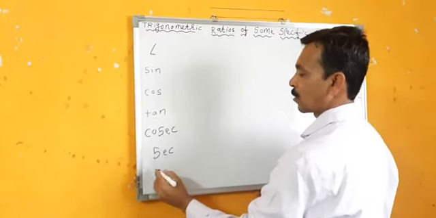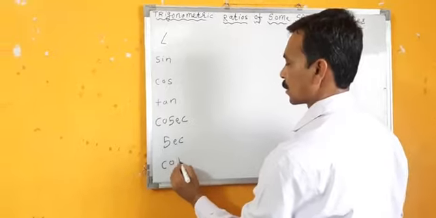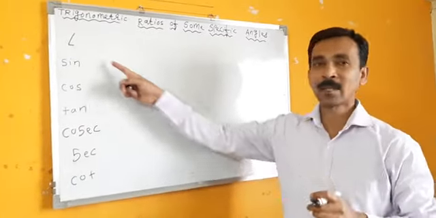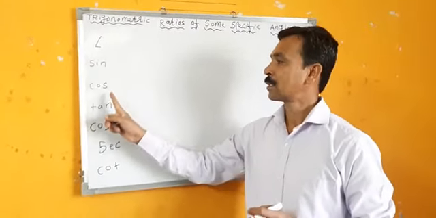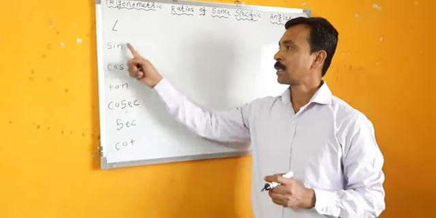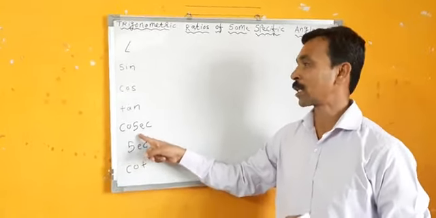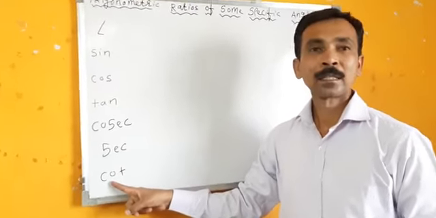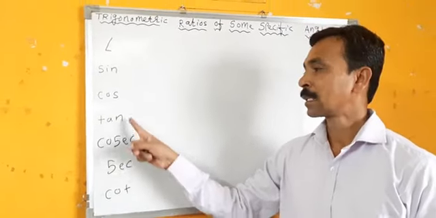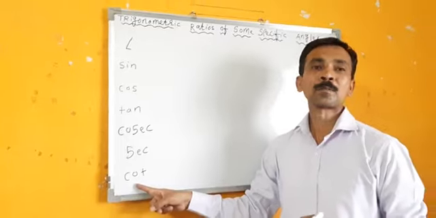And what is the reciprocal of tan? Cot. So that is the reason we write like this: sine, cos, tan. The reciprocal of sine is cosec, so cosec will be in the 4th position. The reciprocal of cos is sec, in the 5th position. Then cot is the reciprocal of tan, that is why cot is in the 6th position.